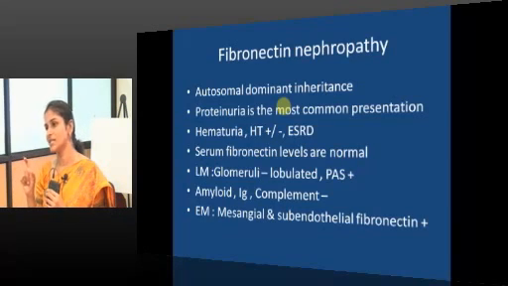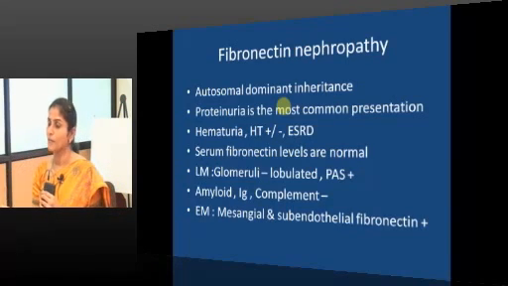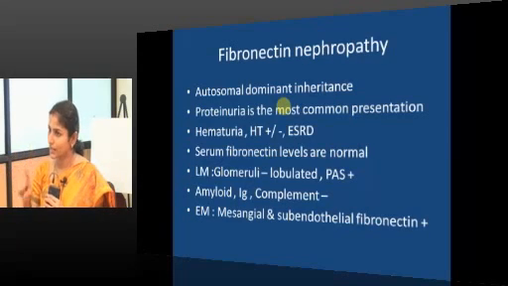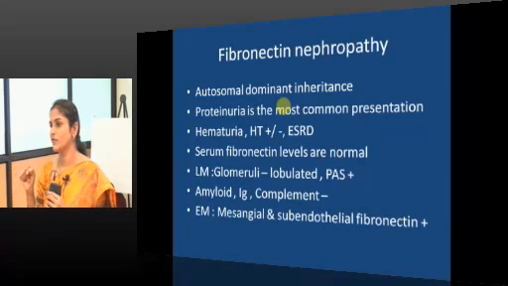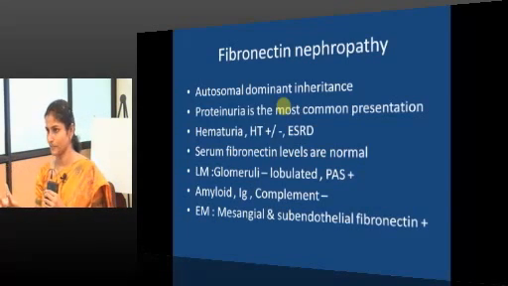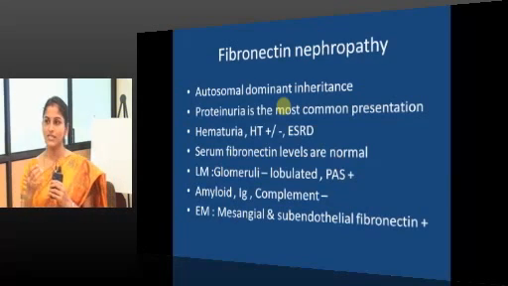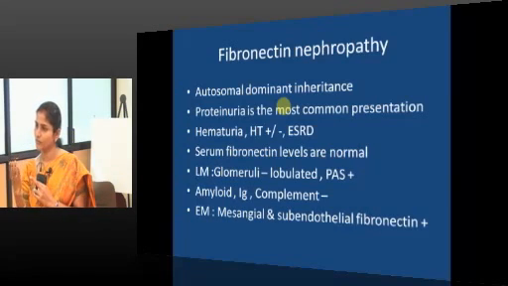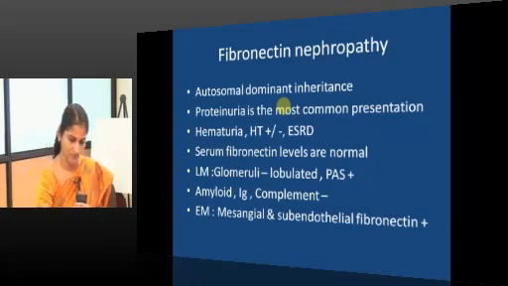Even renal mesangial cells will produce fibronectin, but what accumulates in fibronectin nephropathy is the serum fibronectin. In spite of having normal serum fibronectin levels, there will be accumulation of fibronectin in the glomeruli, in the mesangium. So, these deposits will be amyloid negative, immunoglobulin negative, complement negative, but IHC for fibronectin will be positive.